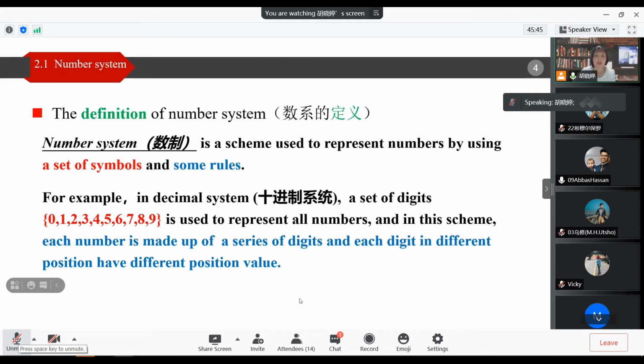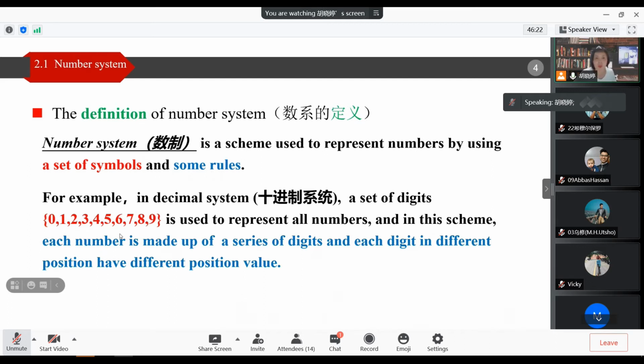For example, in the decimal system, the set of symbols will be 0, 1, 2, 3 to 9. All numbers in the decimal system are represented using these 10 symbols.